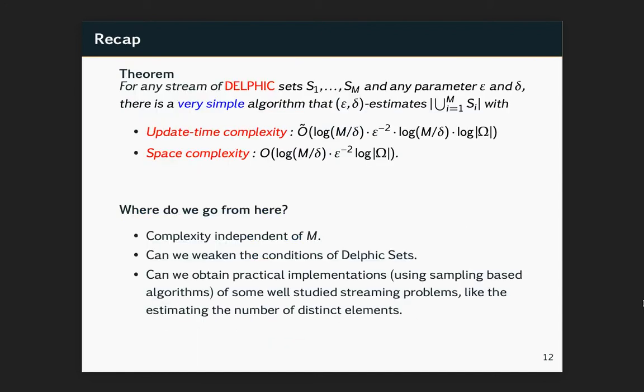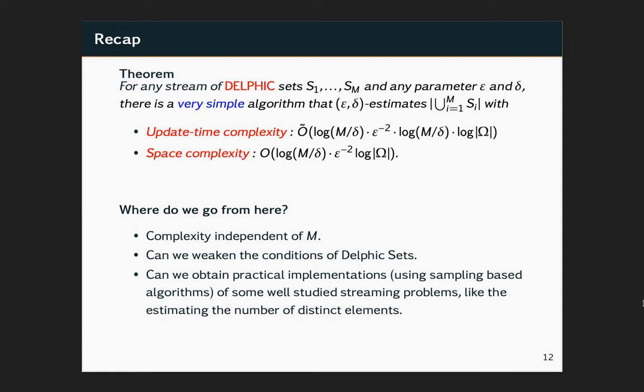For future work, some obvious questions can be asked. For example, is the log m required, or namely whether the complexity has to depend on m. Similarly, can we weaken the conditions of Delphic sets? For example, is it necessary to know the size of the Delphic sets exactly, or can we do it even if we have an estimate of the size of the Delphic sets?